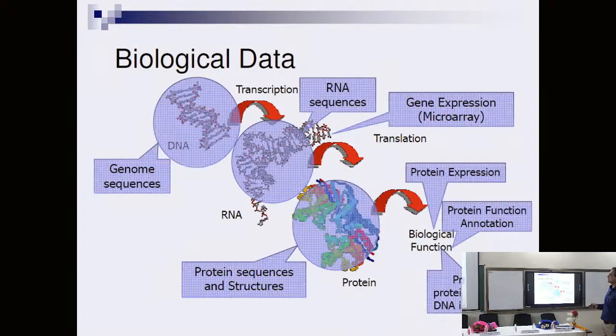These processes result in many types of data: genomic data, transcriptomic data or gene expression data, protein data, which could be protein sequences and structures. So many types of protein data: protein expression data, protein function annotation data, protein-protein interaction data or protein-DNA interaction data.